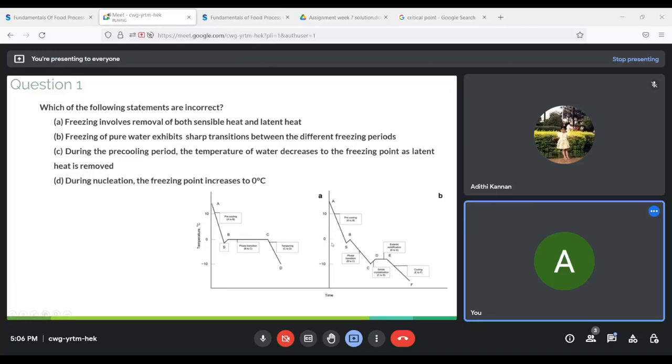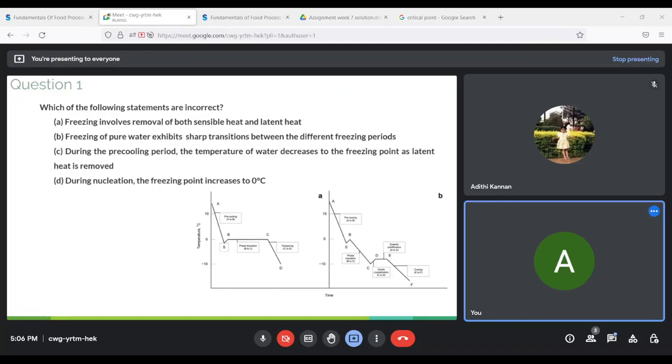Whereas in the food product, from B to C you can also see a gradual decrease in your freezing point. This is because during freezing, your water crystals will start forming, and it is only the water that is getting crystallized. Your solute will not get crystallized at this stage. So the water is crystallized and removed, and the free water available in the food product reduces. Since the free water reduces, the concentration of your solute will increase in this stage. And because of the increase in solute concentration, you will have something called freezing point depression.